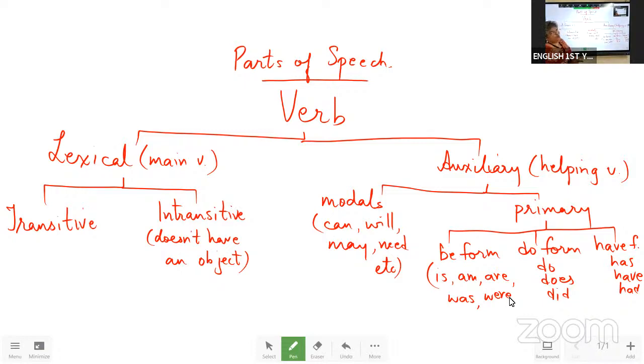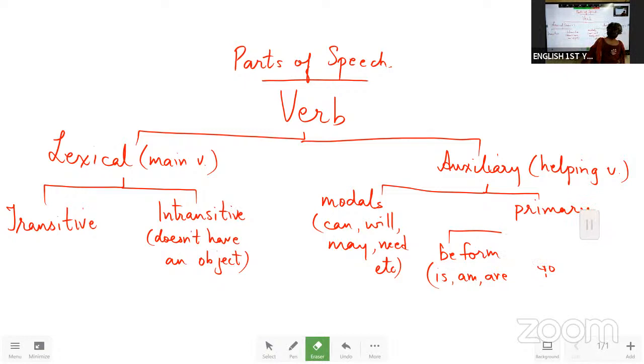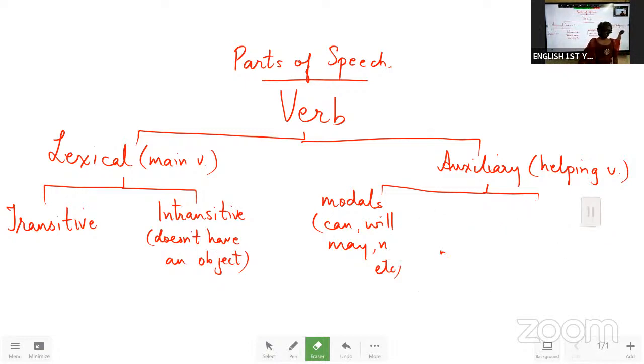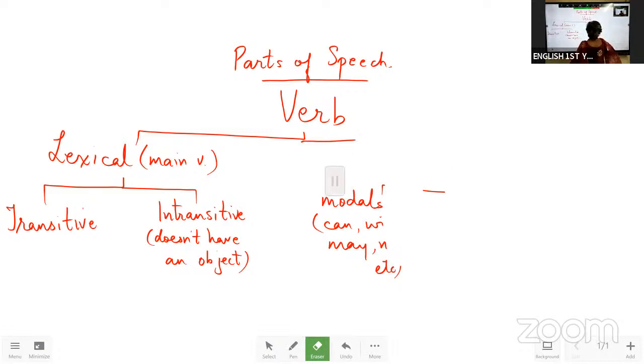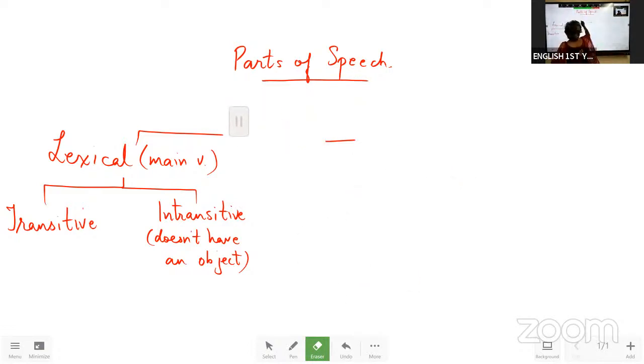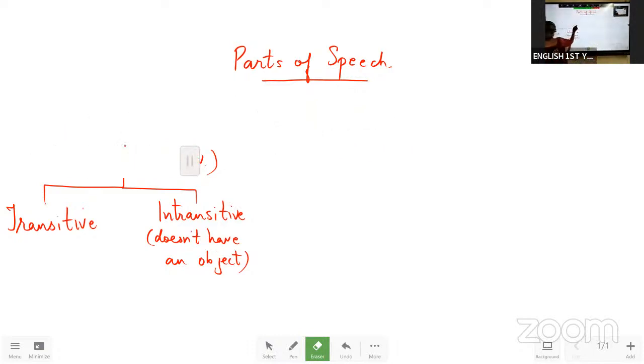Now coming to the next, the adverb. Children get very easily confused about what an adverb and an adjective is. If you remember the position of both of them, it is very easy for you to understand what forms they take and what their position is.